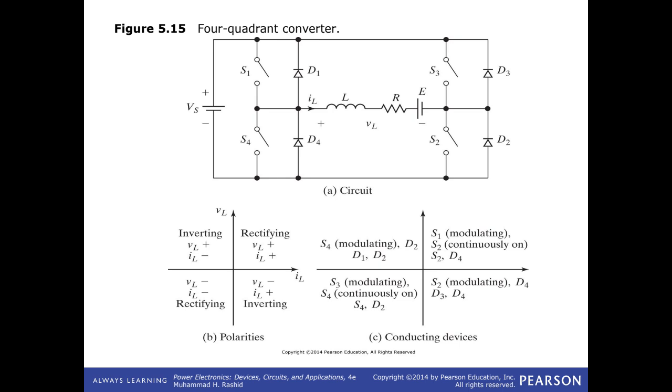For the electric machine, that is A and that is B, so that one is VAB. Quadrant 1 is motoring.